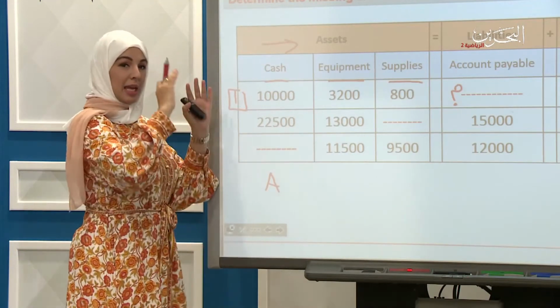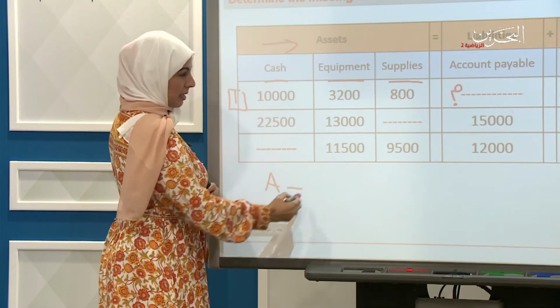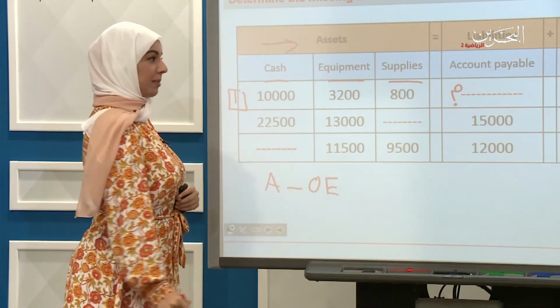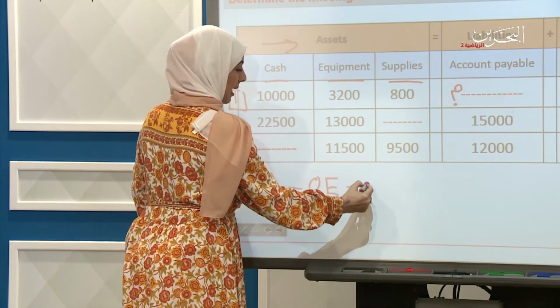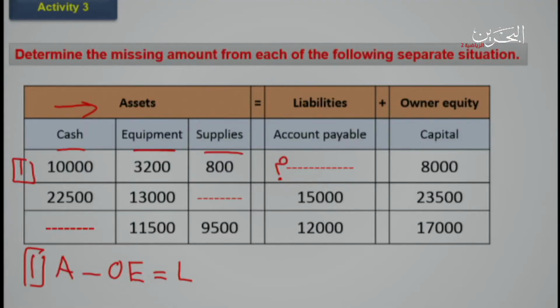I should take the total of assets and subtract the owner equity from it, which is 8,000, and I will get the liability. This is for the first equation.